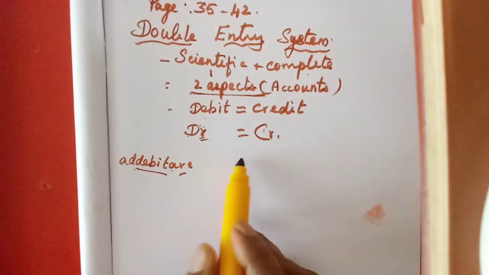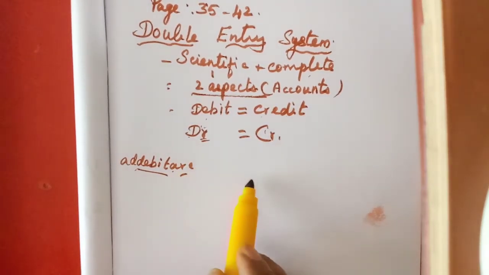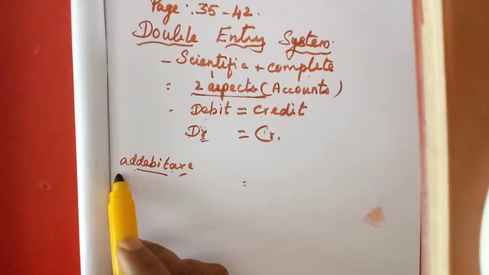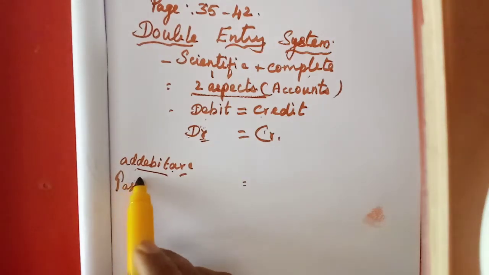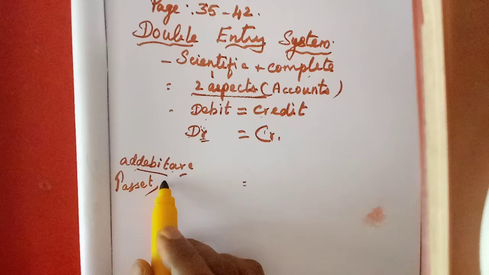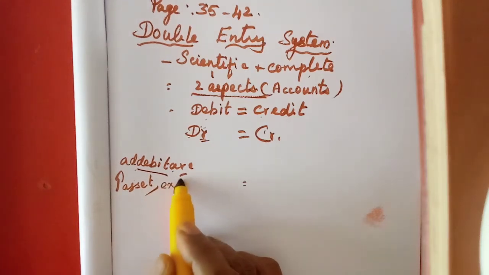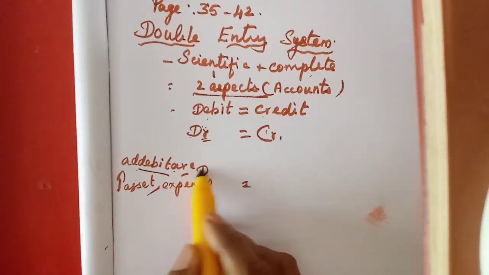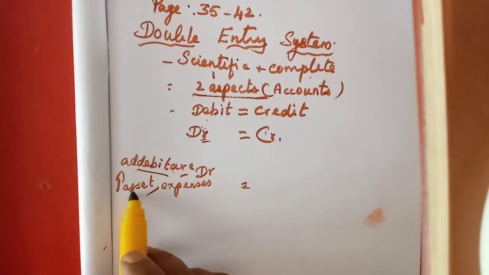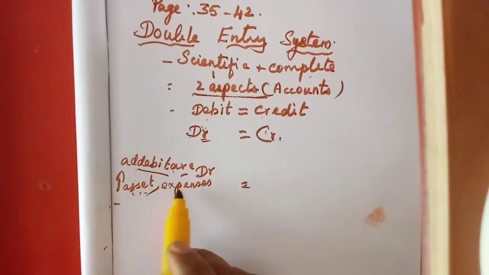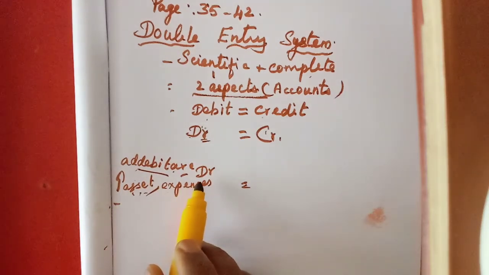So what will come under the heading debit if it is a receiving aspect? For example, an increase in assets or an increase in expenses are called debit. If we purchase an asset, it is coming inside. In the same way, expenses are considered as debit.